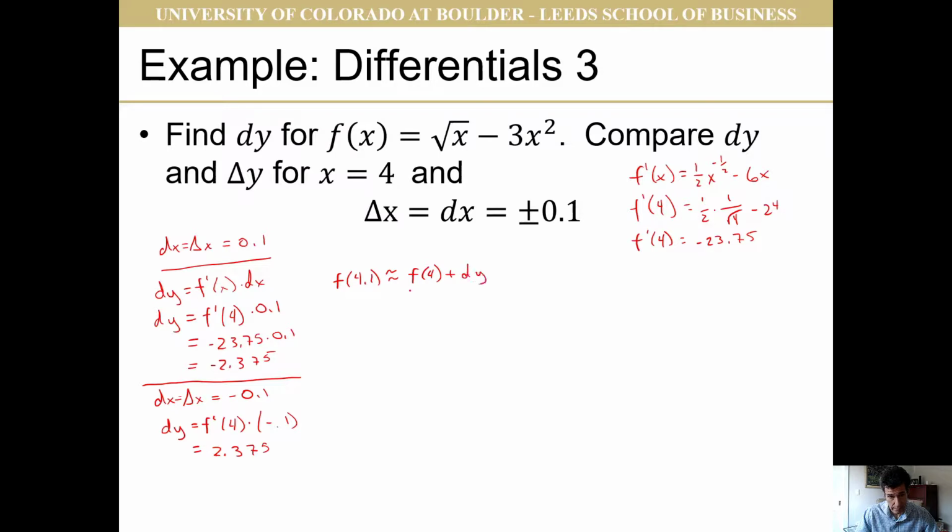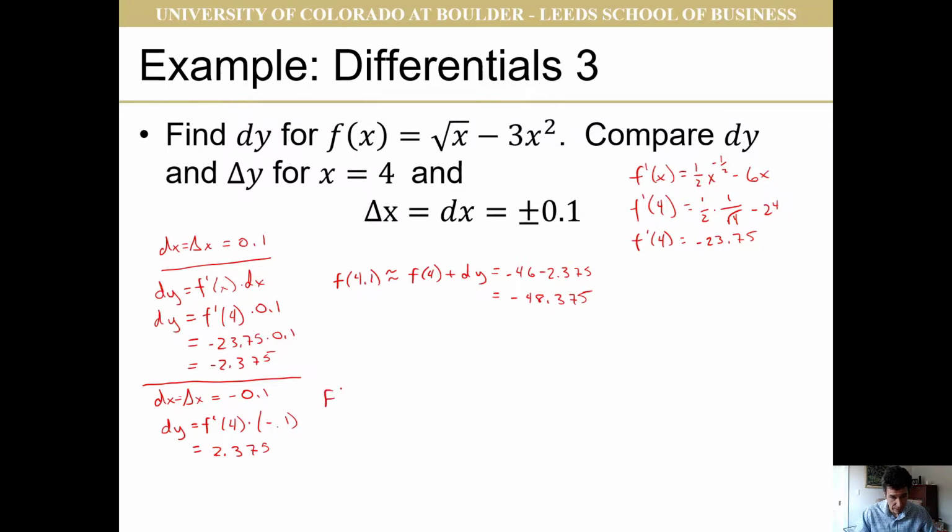So those are our approximations, which means that f of 4.1 is approximately equal to f of 4 plus dy, which is equal to f of 4, that's 2 minus 3 times 16 is 48, that's negative 46, minus 2.375 equals negative 48.375.